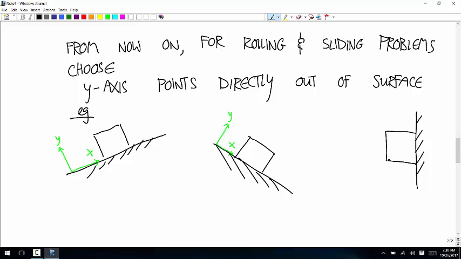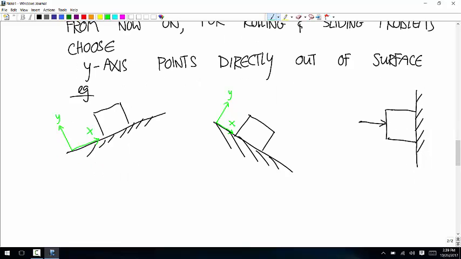In that case, you'd have to have some kind of force holding it in contact with the wall. But which way would the y-axis go here? To the left. And if the y-axis points that way, which way does the x-axis have to point? Up. Good.